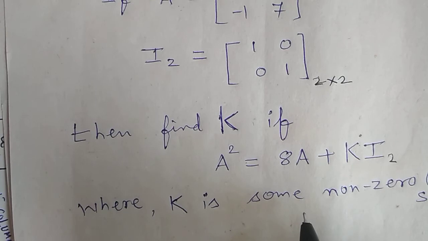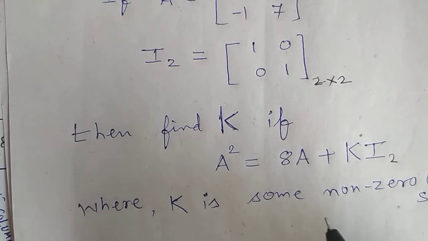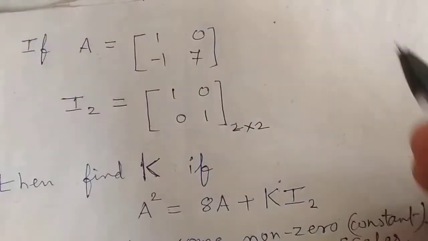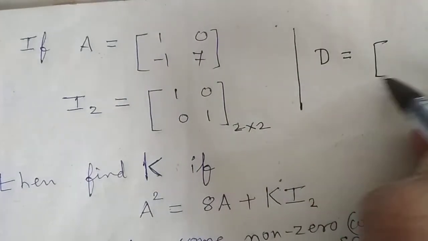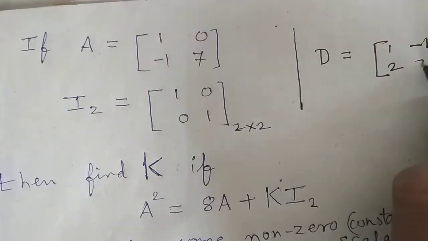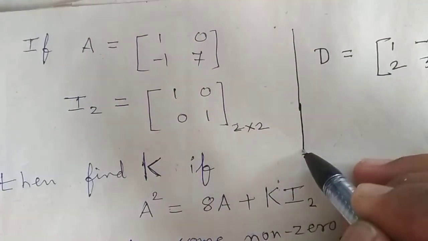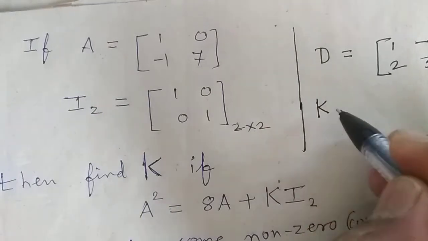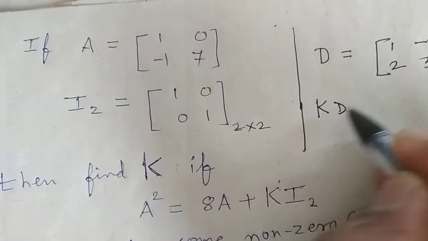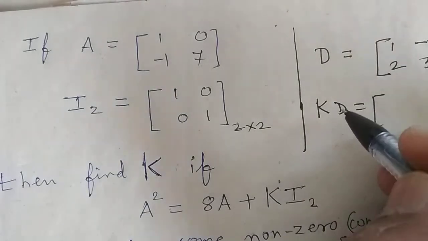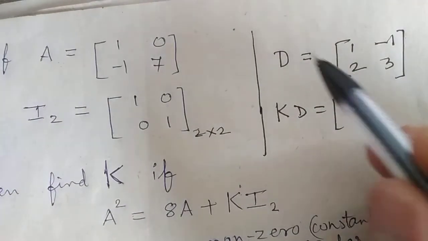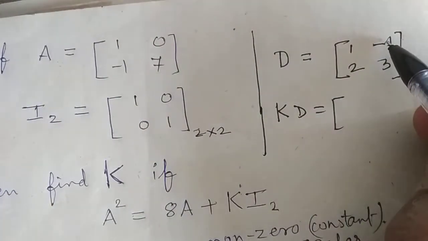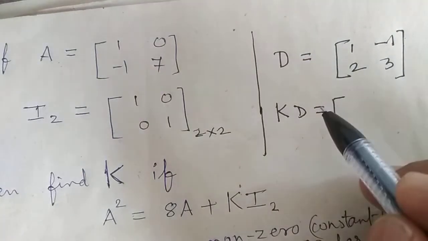Earlier we have seen matrix multiplication with a scalar quantity. How to multiply a matrix with a scalar? We have seen that if D is a matrix, D = [1, -1; 2, 3], and you want to find k times D, where k is some number, then according to scalar multiplication, each and every entry of the original matrix D should be multiplied with k.